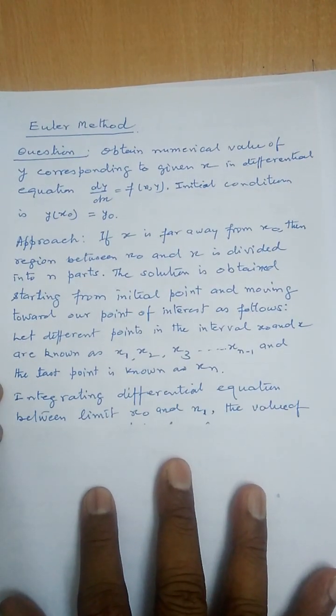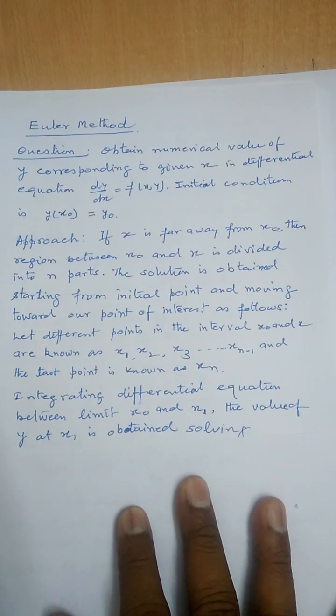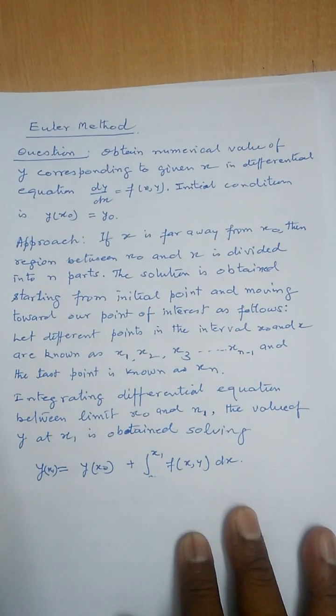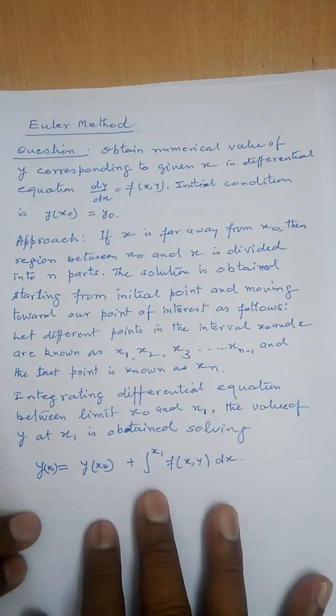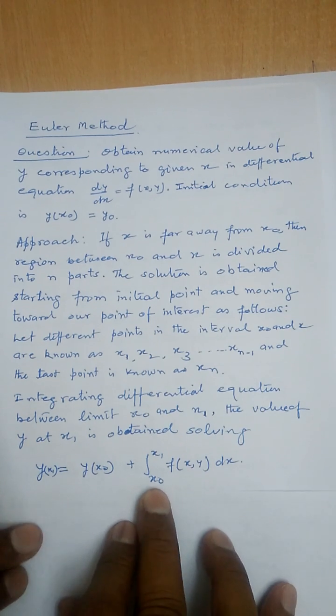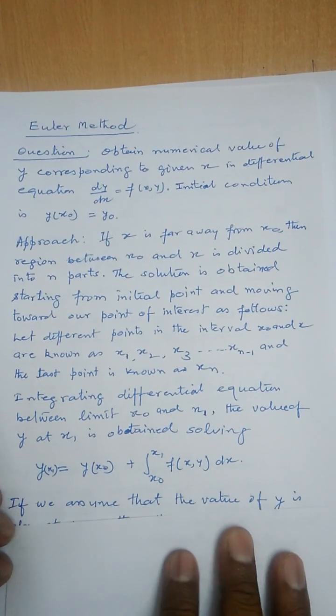Integrating the differential equation between limits x0 and x1, the value of y at x1 is obtained by solving the above differential equation: y(x1) equals y(x0) plus integration from x0 to x1 of f(x, y) dx.